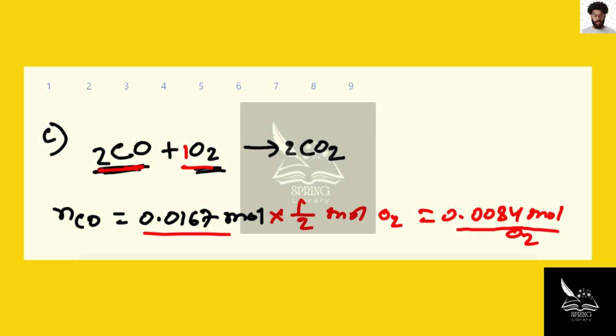So we need this many moles of oxygen to convert the excess carbon monoxide which is being produced here.